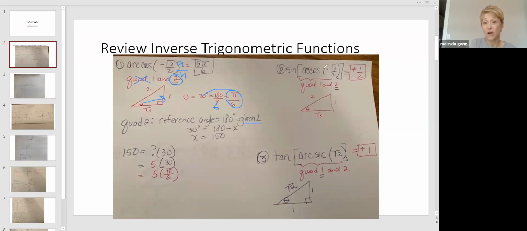If I've got arc cosine, I know that I'm in either quadrant 1 or quadrant 2. Remember, cosine depends on x. So where is x negative in 1 or 2? Well, it's in quadrant 2. So quadrant 1 is no longer an option. So the answer to this bracket is some angle in quadrant 2, but I don't even really have to find that angle.